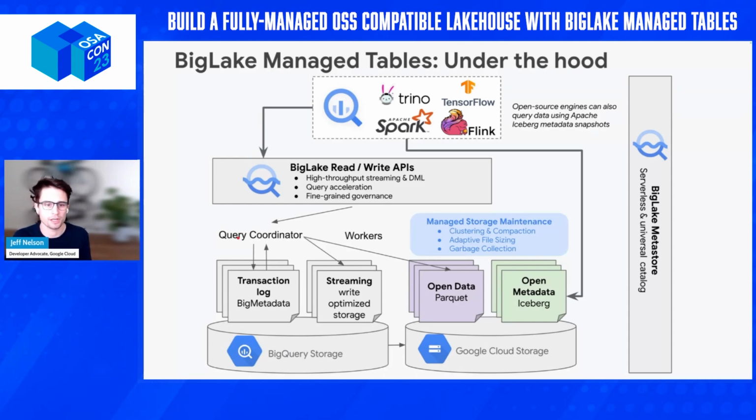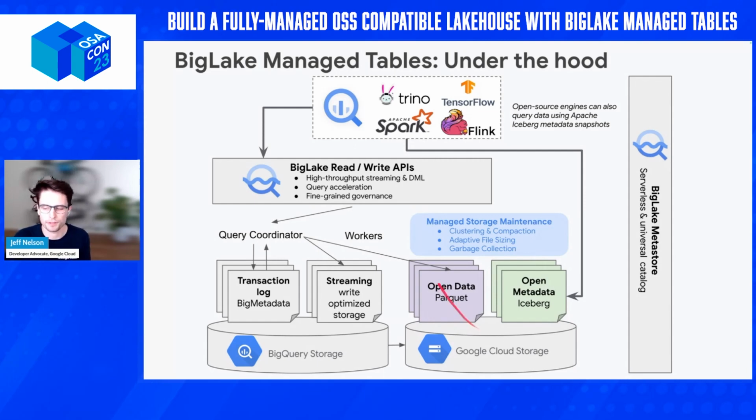Batch and streaming jobs also take slightly different routes, where batch is written directly to cloud storage in Parquet format, and streaming jobs actually are written temporarily, the tail of the table is written temporarily into a write optimized storage, and then output into Parquet in your object store right afterward.